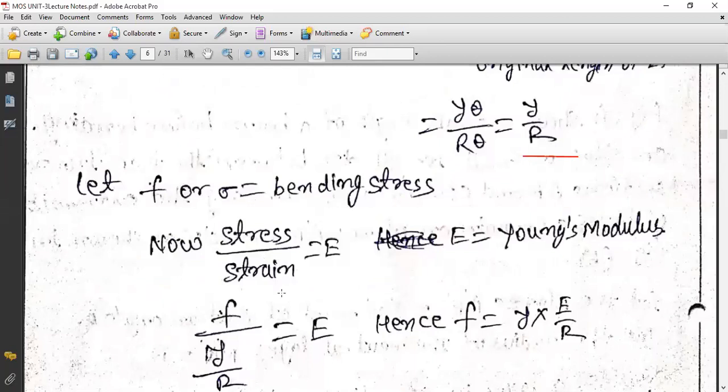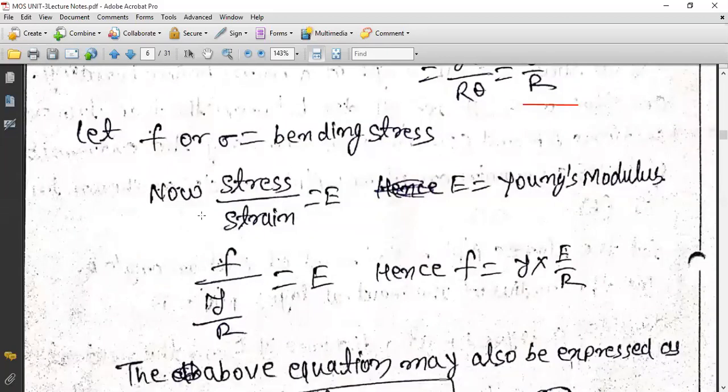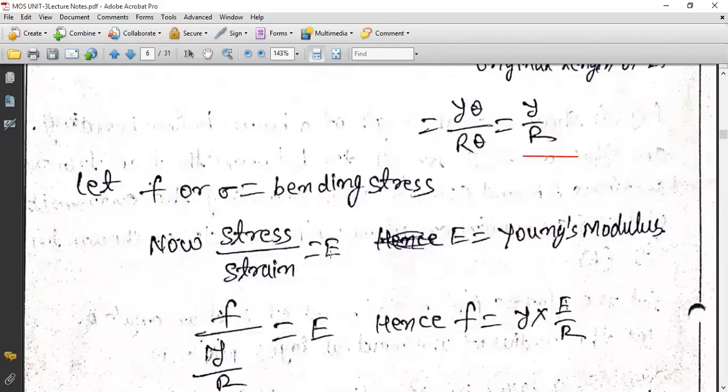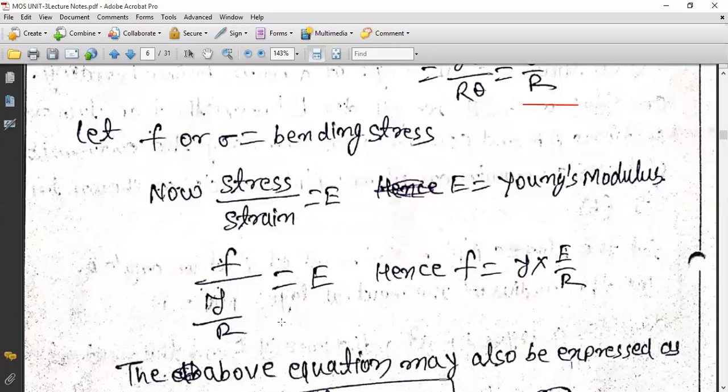Stress is F, and the strain in layer EF is Y upon R. So F upon Y upon R equals E. So F is equal to E into Y upon R.